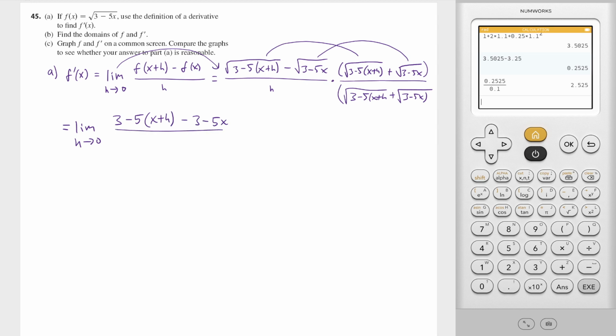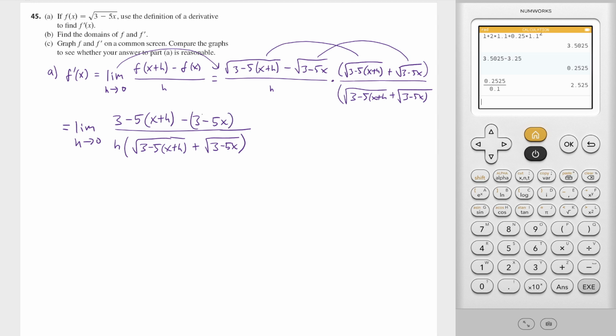On the bottom, I'm going to have h times the square root of 3 minus 5 times x plus h, plus the square root of 3 minus 5x. Let's see what simplifications I can make here. I realized I made a mistake, I should put that in parentheses.